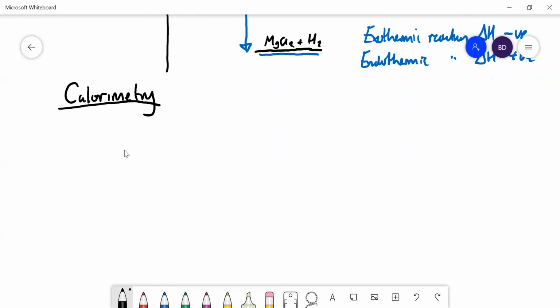Let's say we want to find out the delta H, the enthalpy change, for this reaction. We're going to get methanol and burn it in oxygen to give CO2 and H2O.